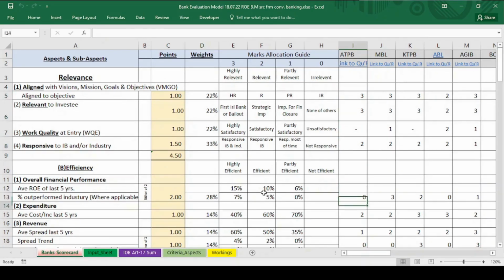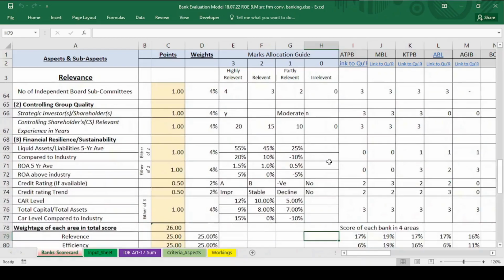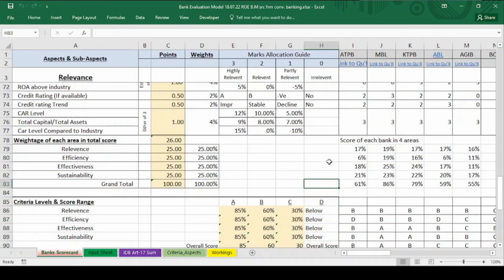And below this table, we can see the total score. Here is the total score of each area, and each area has been given equal weightage, 25% each. And this is the score of each bank out of the 25.